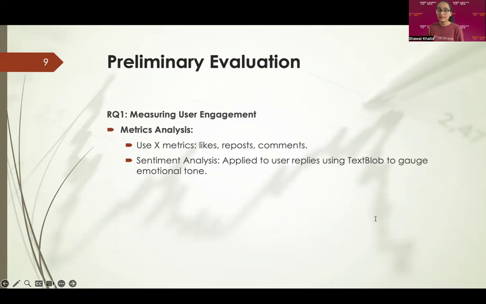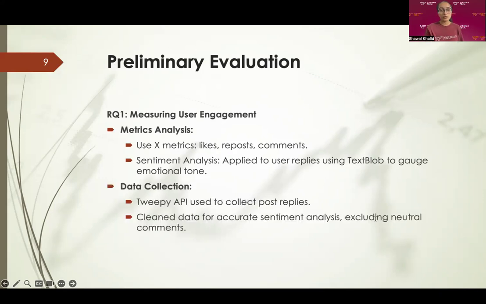We used a tool called TextBlob to gauge the emotional tone of these replies, and we categorized them as positive, neutral, or negative. For data collection, we used the Tweepy API to gather all the replies to the posts in our data set. After collecting the data, we cleaned it to ensure accurate sentiment analysis. We focused specifically on excluding neutral comments to better capture the strong reactions, either positive or negative, from users.